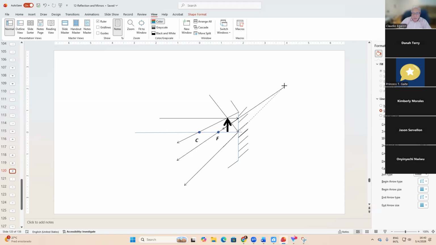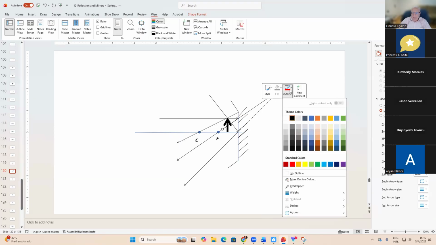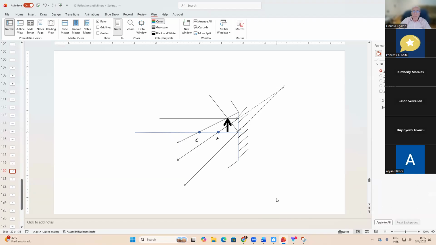I'm going to tell you exactly what type of image this one is. I'm going to dash this one as well. And if I do everything right, all those three light rays are going to intersect at the same point.